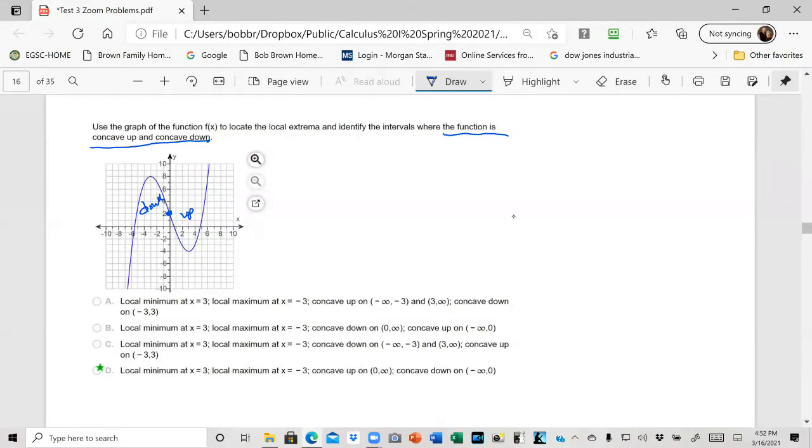And this is a local max, and this will be a local min. So the local minimum is at x equals 3, and the local maximum is at x equals minus 3, and it is concave up from 0 to infinity, and concave down from minus infinity to 0.